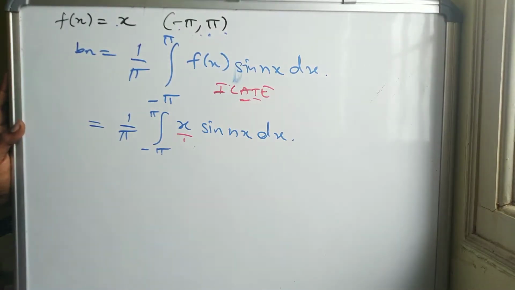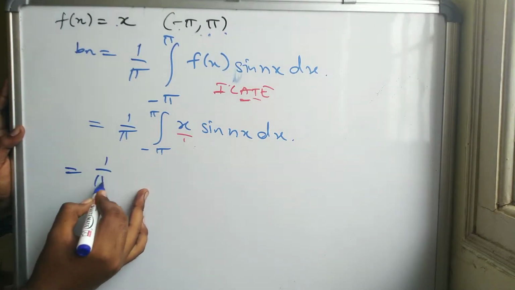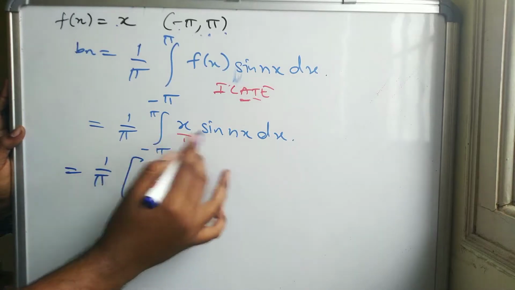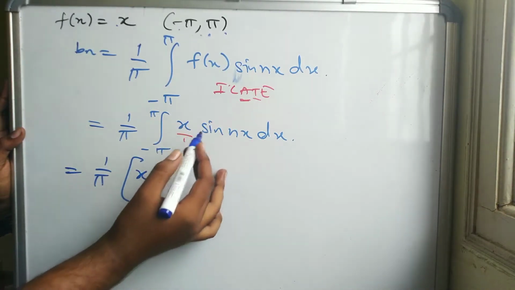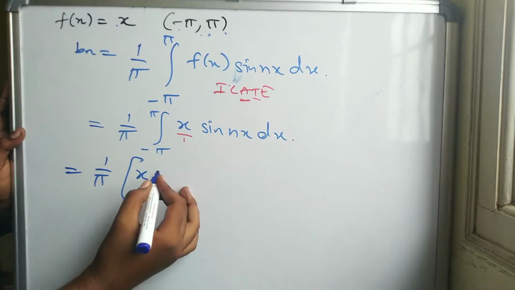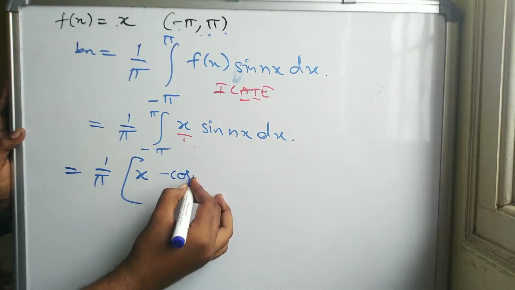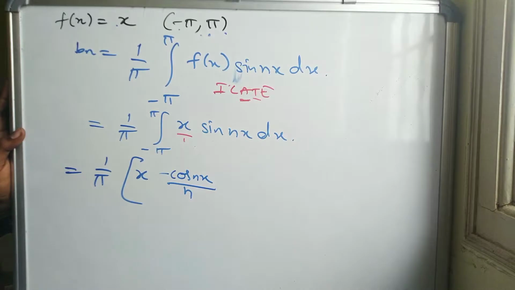So we know x is the first function, with the second function. So 1 by pi, first function keep as it is, second integration: sin nx integration is minus cos nx by n.